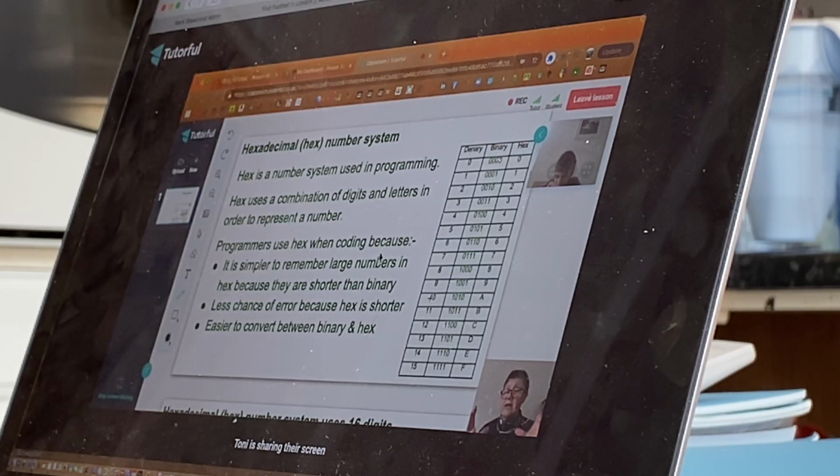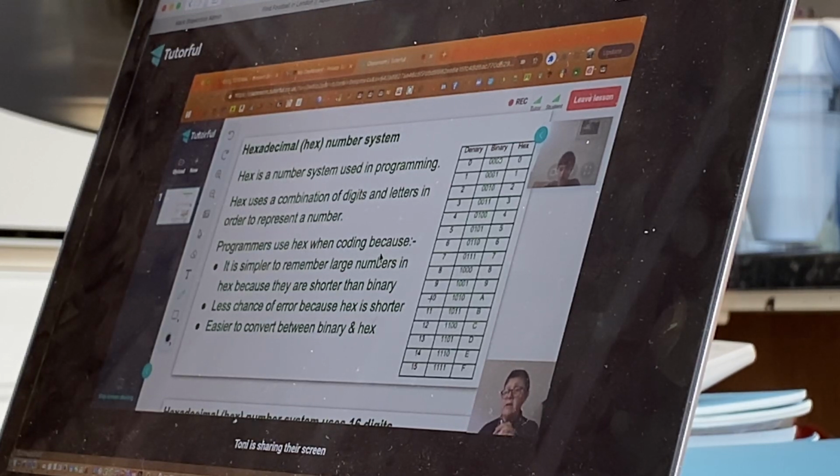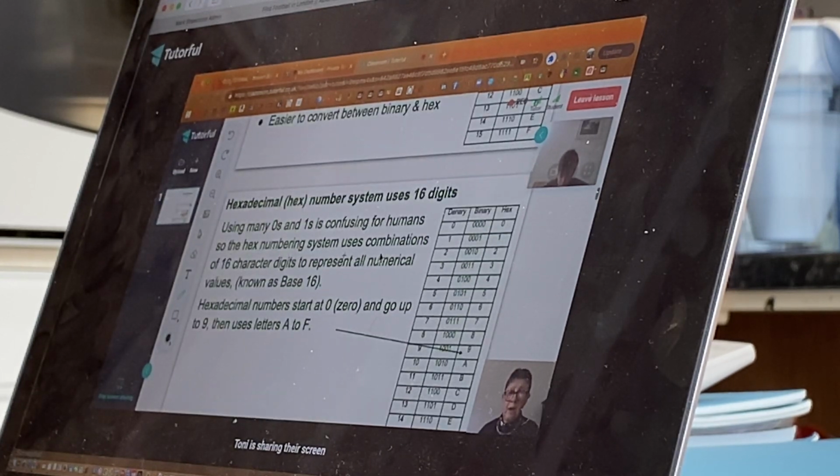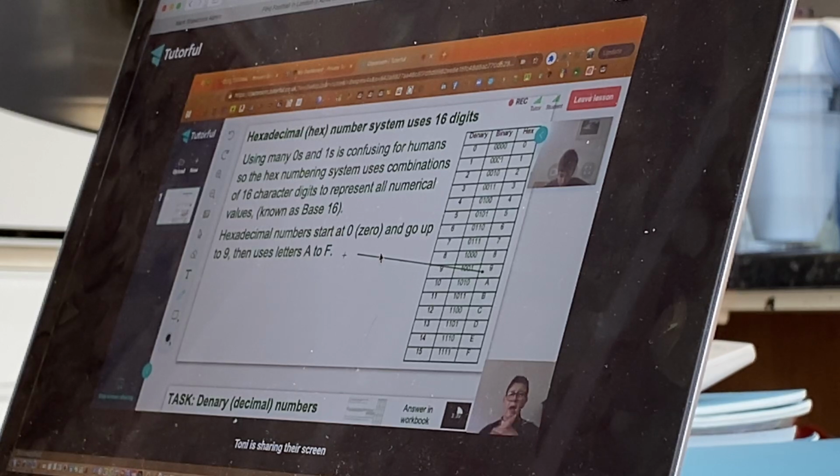So the thing to do is, if you ever get a question about converting decimal, binary and hex, if you actually draw this table in front of you, it helps you remember what you need to do. So, hang on, don't do it yet.